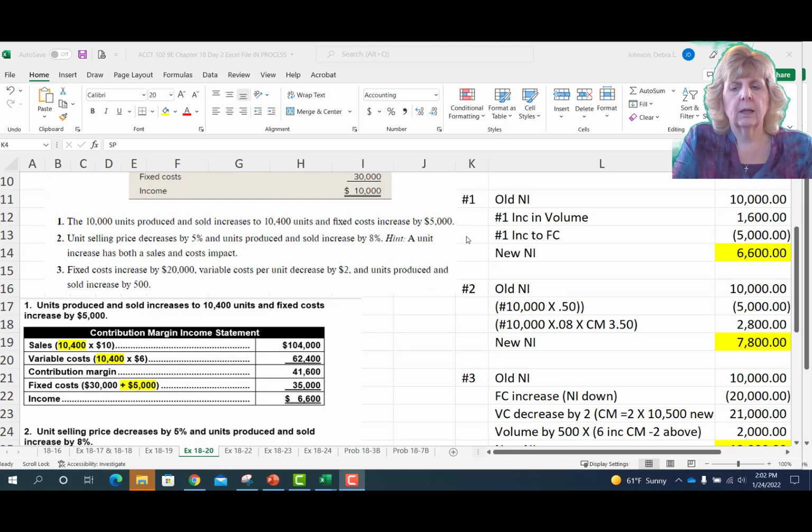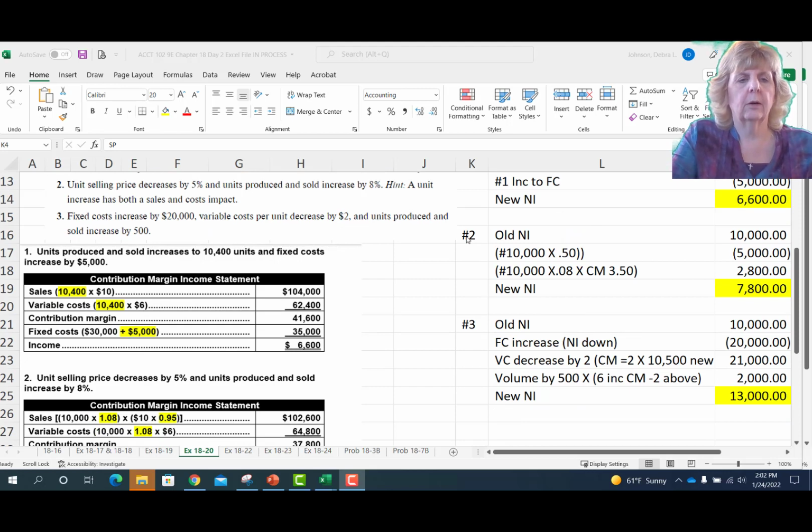And then number 3 on the right-hand side was a little trickier. The fixed cost increase wasn't the hard part. We know that when fixed costs go up, net income is going to go down. The tricky part was the variable cost decreased by $2. Okay, that's going to cause the net income to go up as well.